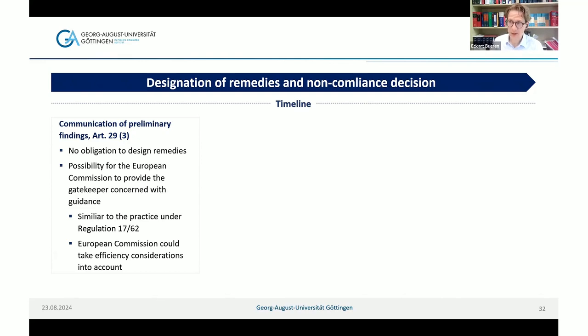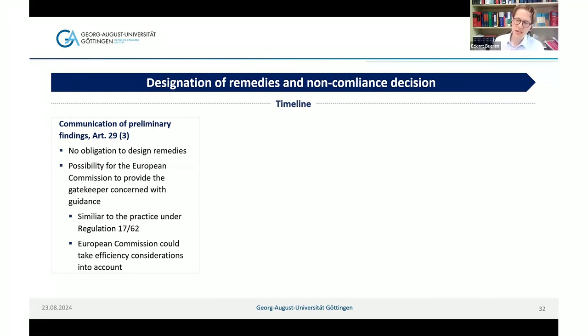And third aspect, which is very important: when it comes to defining what exactly the gatekeeper has to do to comply effectively with a certain obligation, we will usually have so-called complex economic assessments. This is a technical term in European competition procedure, because the European Court of Justice argues that if we have complex economic assessments that the competition authority at the European Commission has to do, then the European Court of Justice applies a weaker standard of review.